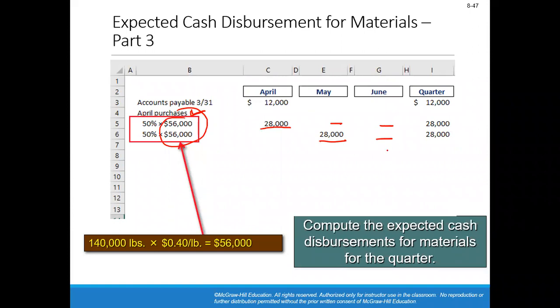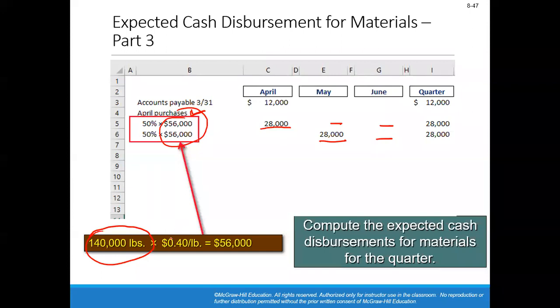Okay, so remember that this was the total requirement of the direct materials, 140,000 LBS. LBS is the symbol of what? Yes, LBS is the symbol of pound.